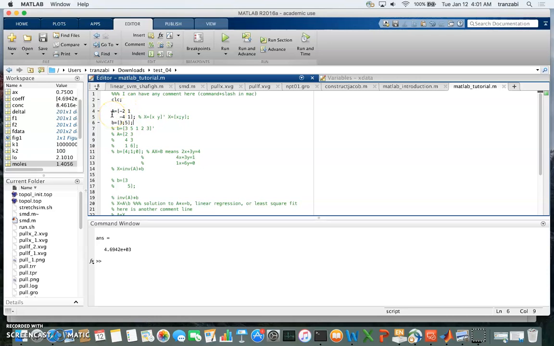All right, second, I'm going to introduce my matrix A. The way to do that is you write A equals bracket. A square bracket in MATLAB means matrix. For the first row, you just write the numbers with a space between them. As long as you put a space between numbers in MATLAB, that is interpreted as one row.